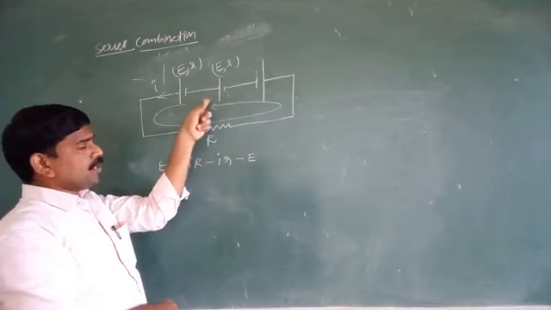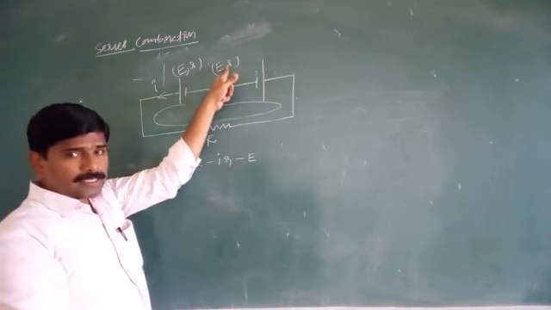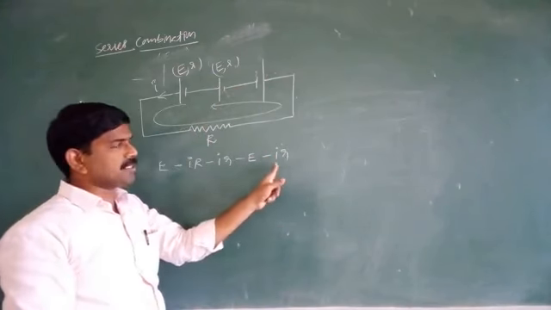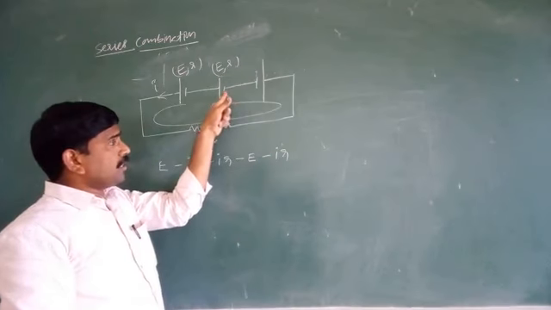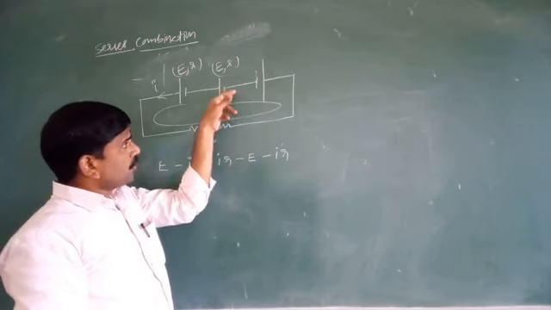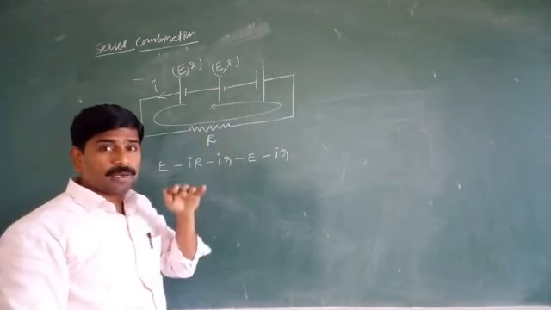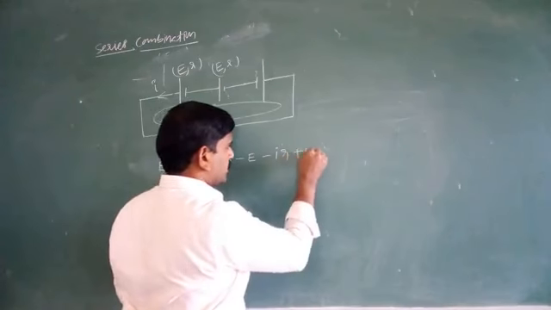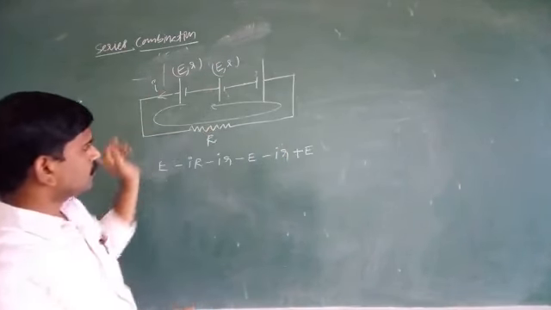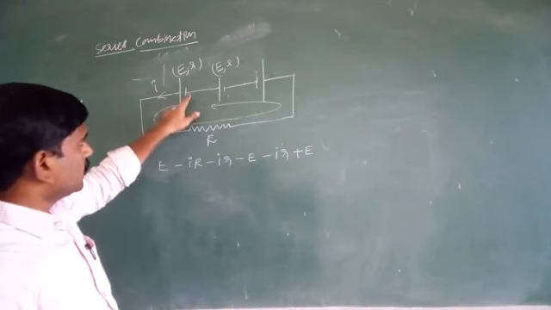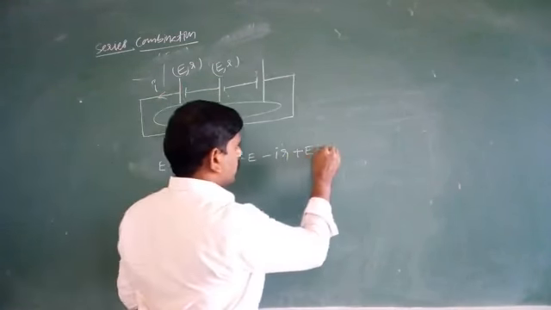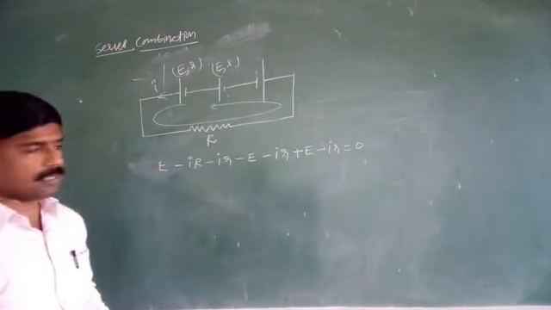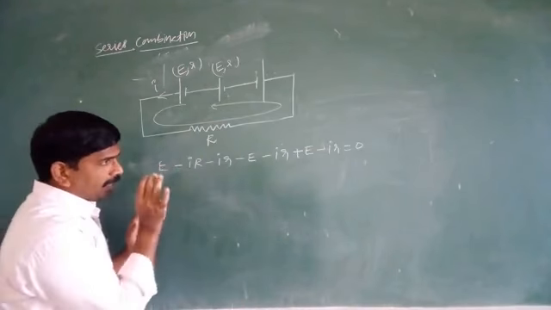Next, from the negative to the positive, here internal resistance is present, that is minus Ir, the potential drop across this internal resistance. Next, we are moving from the negative terminal to the positive terminal, meaning EMF increases, potential gain, that is plus E. Here is also one internal resistance, the potential drop across it is minus Ir.